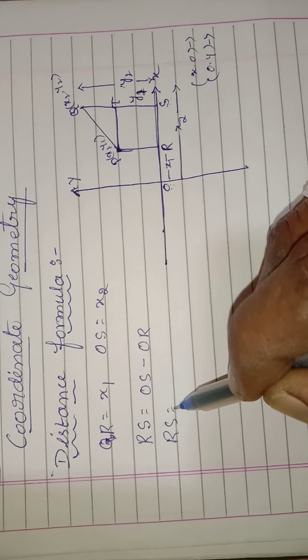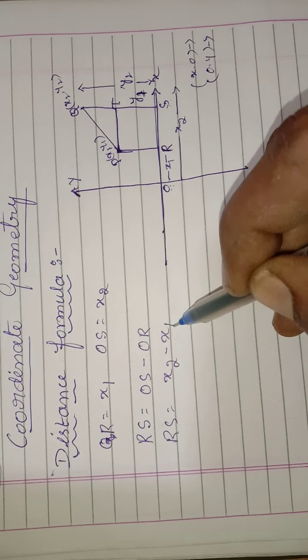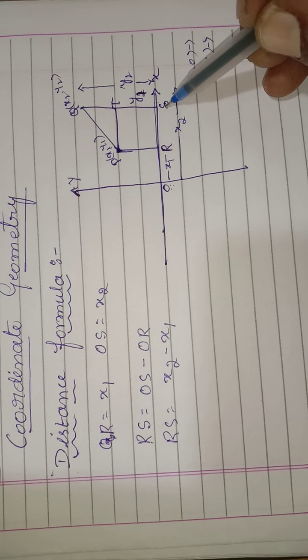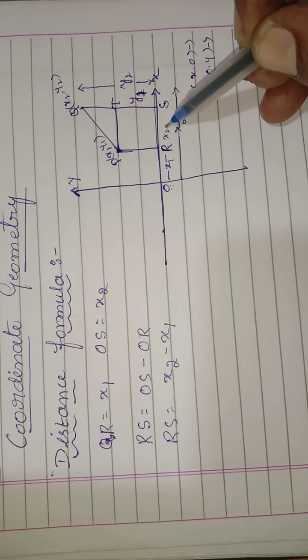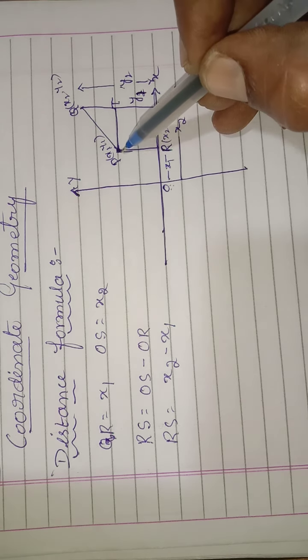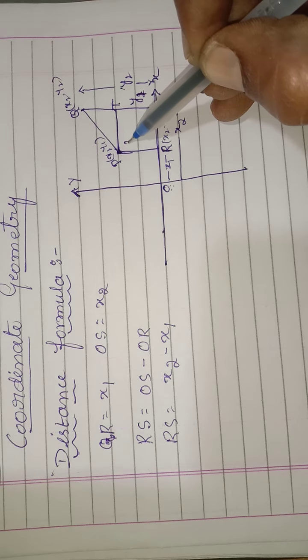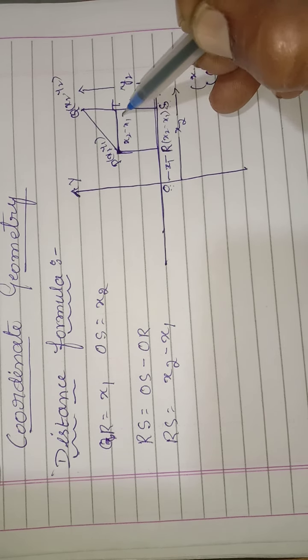RS is equal to OS minus OR, so RS is equal to x2 minus x1. RS is equal to PT, which means PT is equal to x2 minus x1.